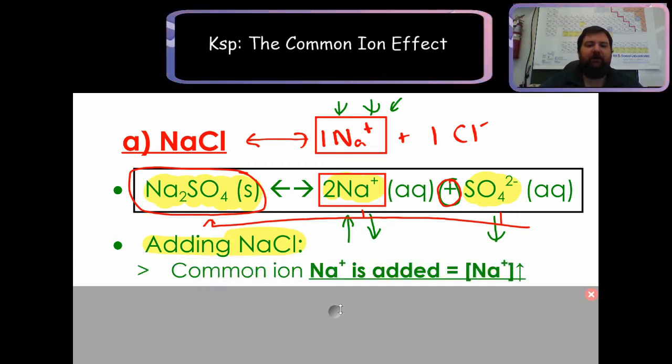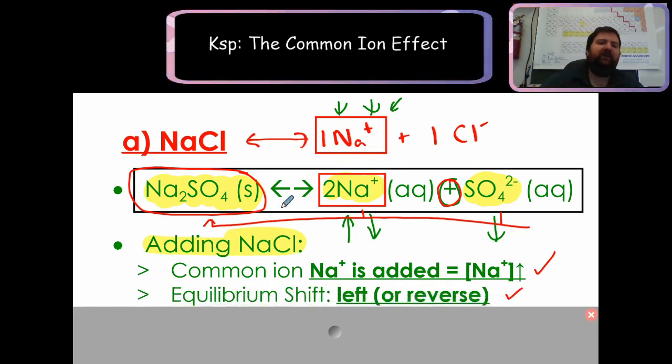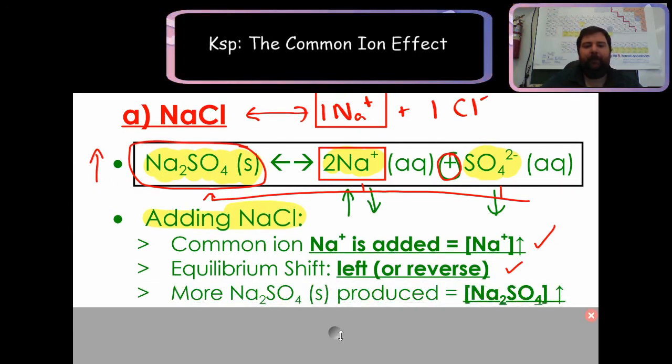Let's check our progress so far. The common ion is sodium. Yes. It's an equilibrium shift to the left. Yes. What does that mean is going to happen to my concentration of sodium sulfate? Well, by creating sodium sulfate, its concentration will go up. So more sodium sulfate's produced, so its concentration goes up.